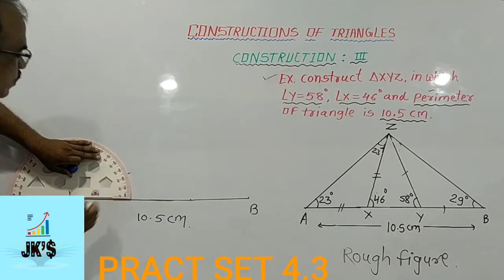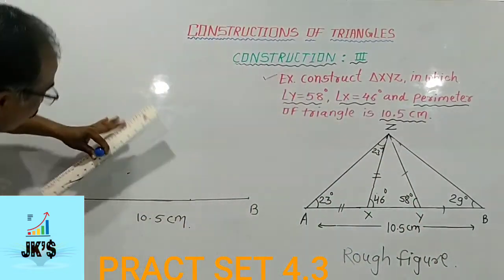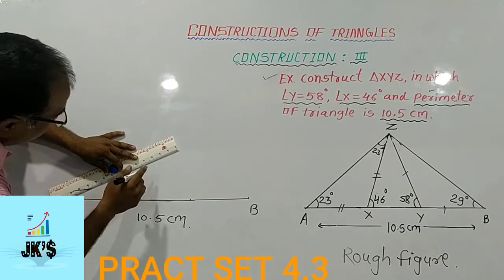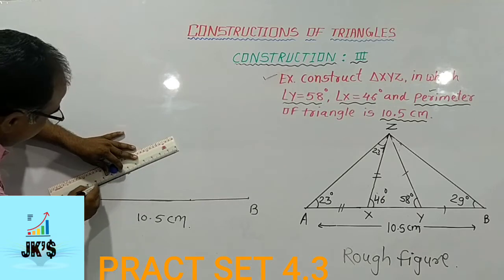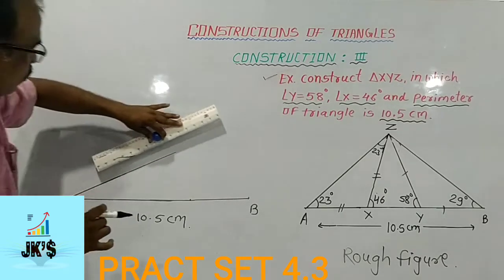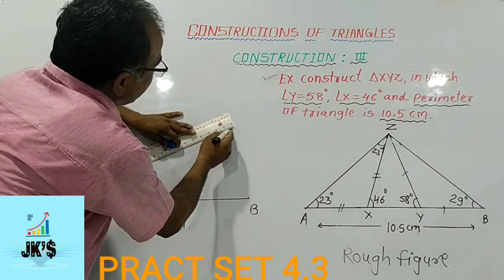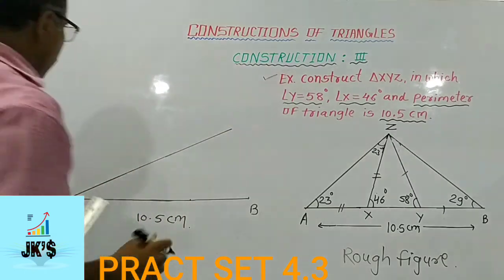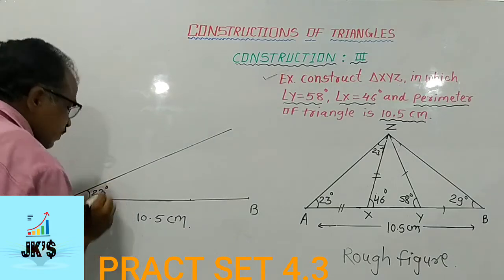This is the ray which we are going to draw, a ray which makes an angle of 23 degree.